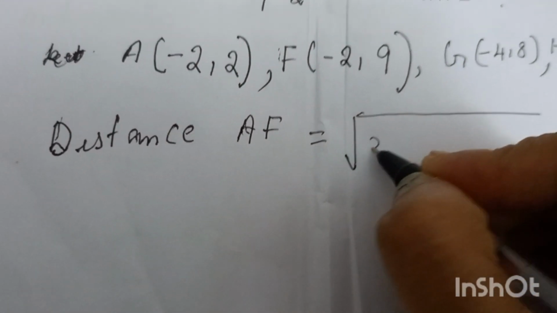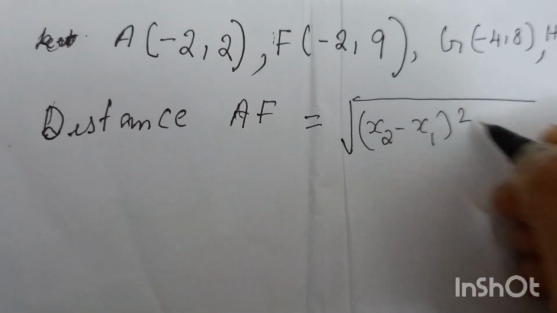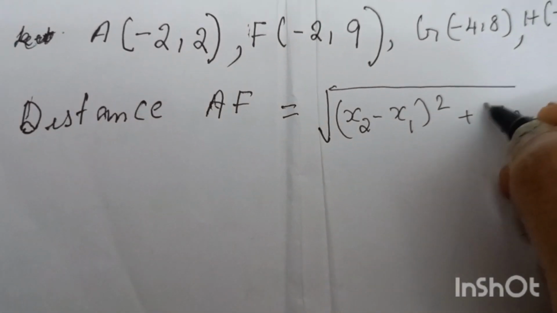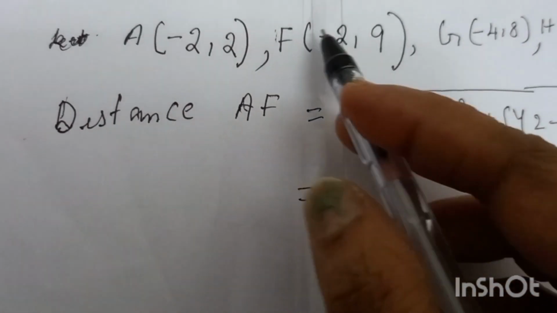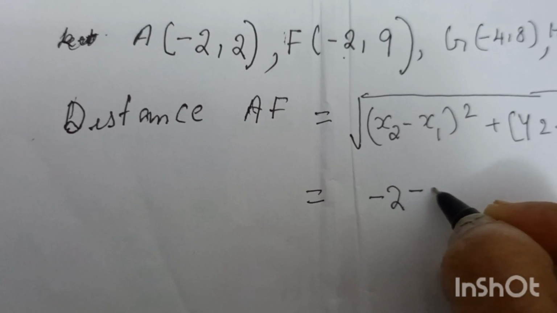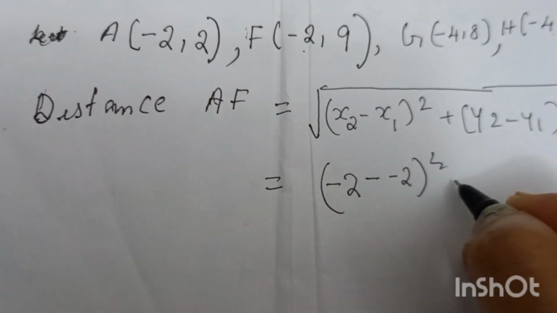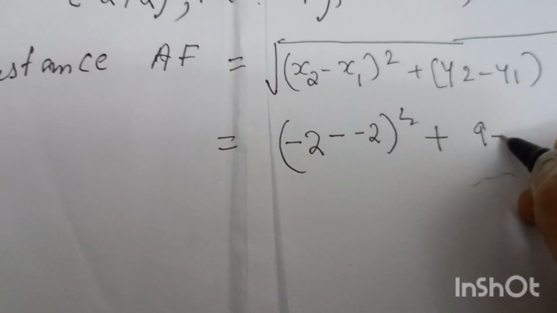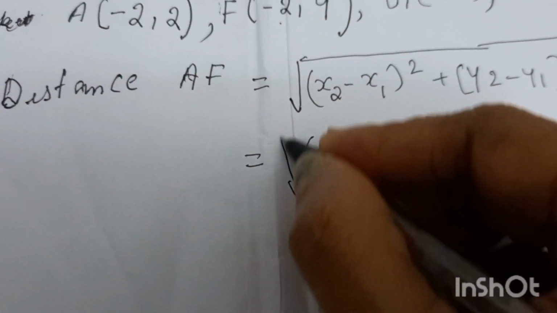AF is equal to root of x2 minus x1 the whole square plus y2 minus y1 the whole square. Then what is x2 here? x2 is equal to minus 2 minus minus 2 whole square plus 9 minus 2 is equal to 7, under root.